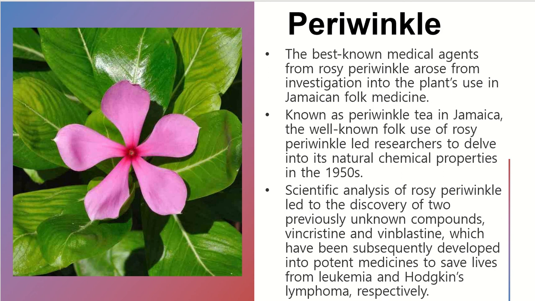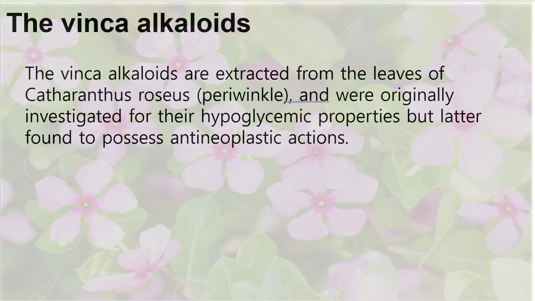Researchers came, isolated these two compounds, and we have our Vinca alkaloids. The Vinca alkaloids are extracted from the leaves of the periwinkle, whose scientific name is Catharanthus roseus, usually italicized, and were originally investigated for their hypoglycemic properties, but later found to possess antineoplastic actions.